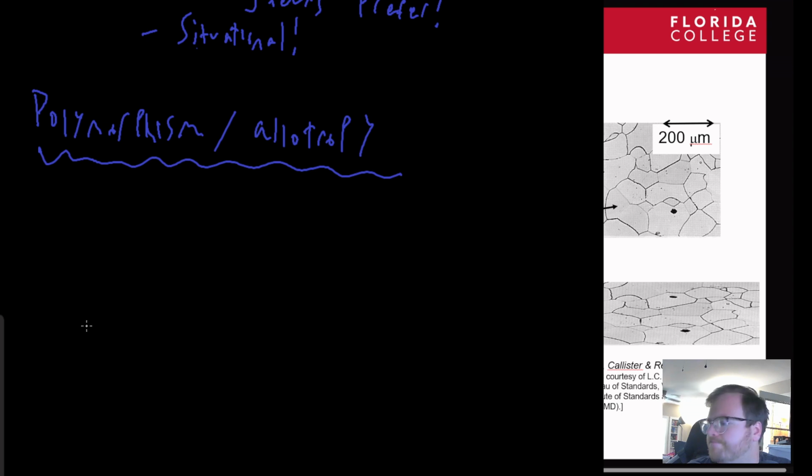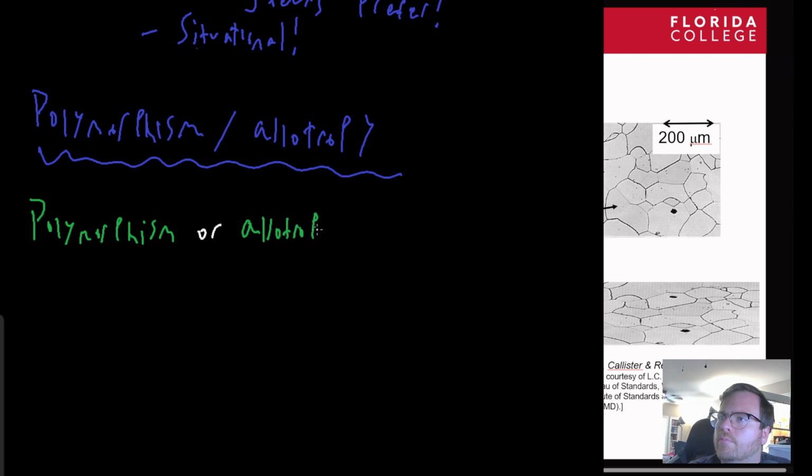Polymorphism or allotropy, these are synonyms. This occurs when there are two or more distinct crystal structures for the same material.